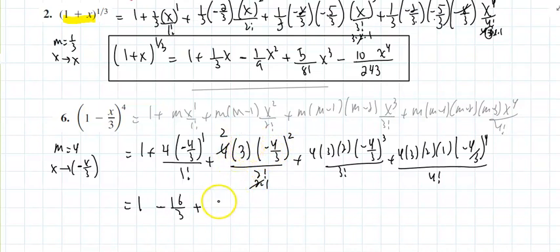I'll write it in 2 steps. That's easier. So that is 2 times 3 times 16 over 9 plus this is 3 times 2 times 1, so those cancel out. That is 4 times negative 64 over 27.